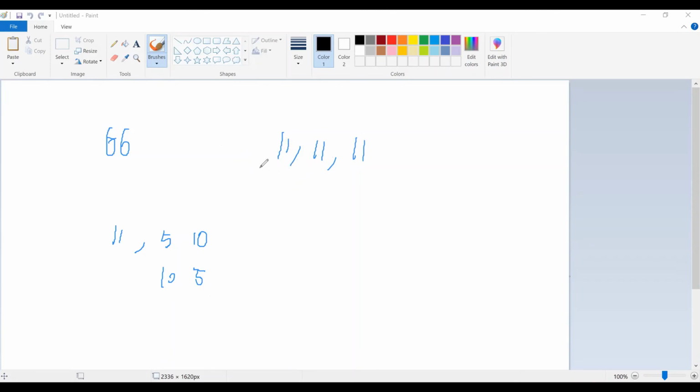Because in the row of 11, that's the only time it will show up.